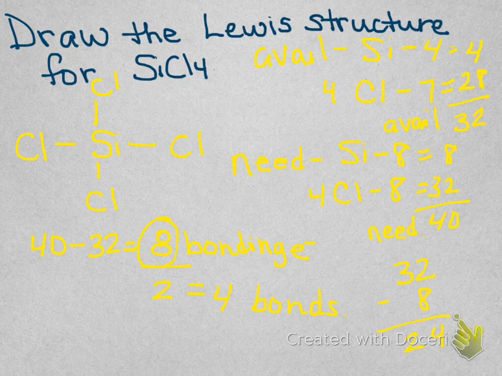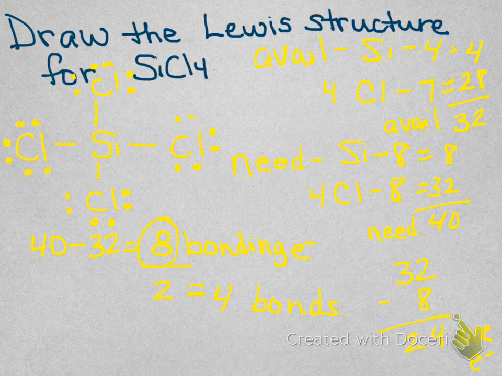That's 24 lone electrons. Let's see if we fill this in. 1, 2, 3, 4, 5, 6, 7, 8, 9, 10, 11, 12, 13, 14, 15, 16, 17, 18, 19, 20, 21, 22, 23, 24.